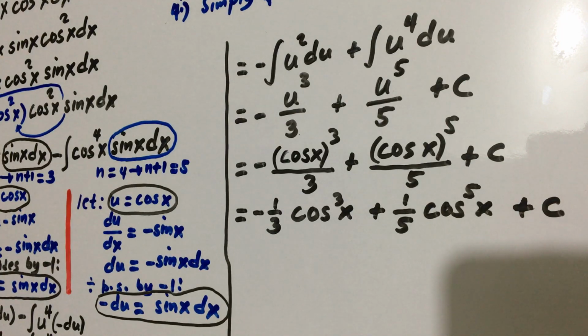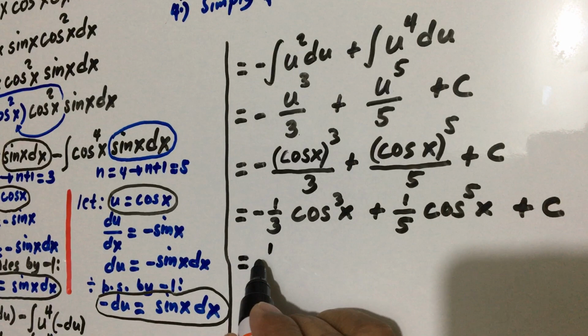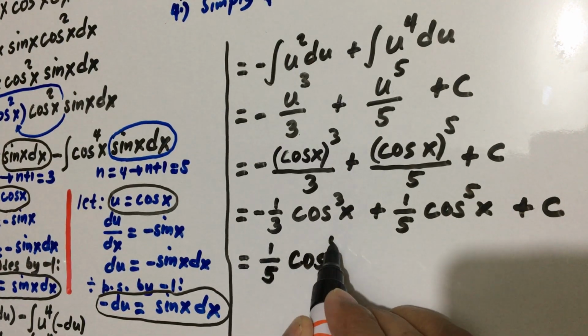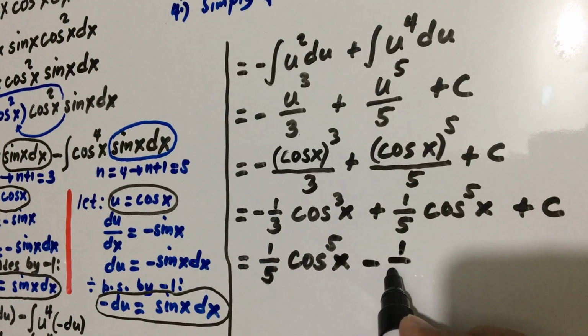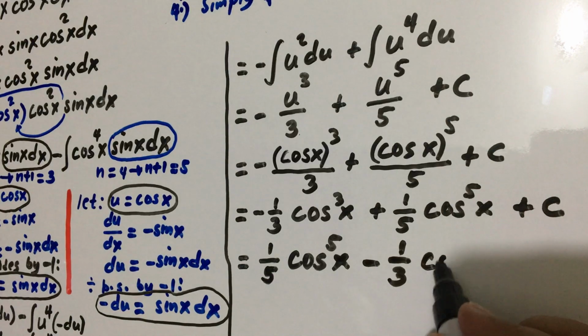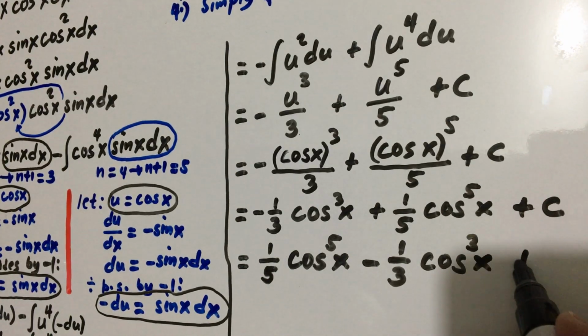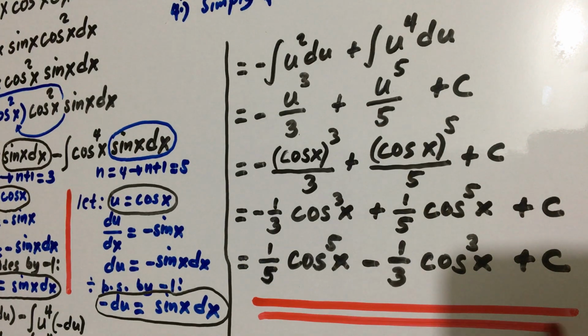You can write the positive term first, so you have 1/5 cosine to the 5th power of x, then minus 1/3 cosine cubed x plus c. So either of these two answers is our final answer, class. This is already correct. Okay, so that's all.